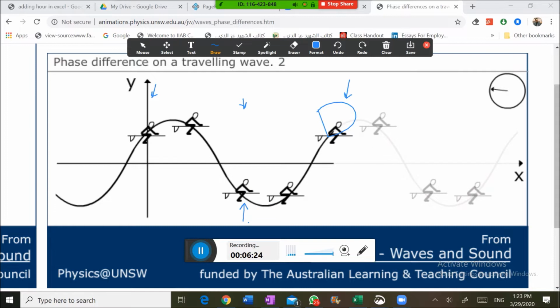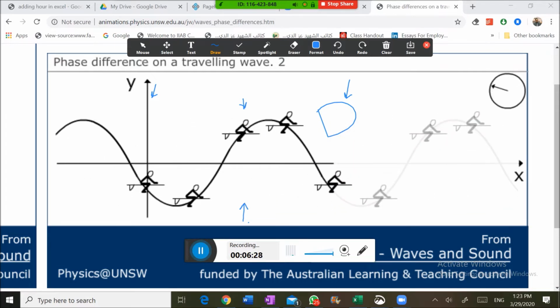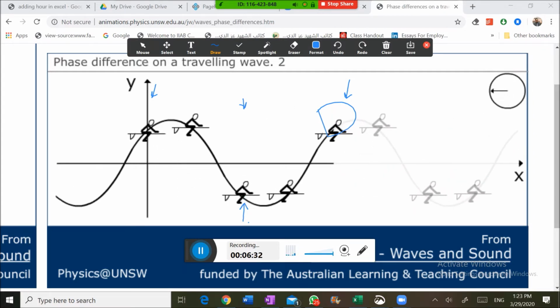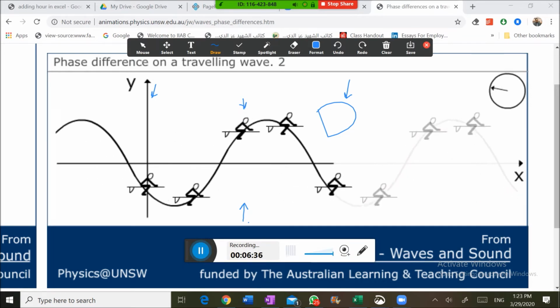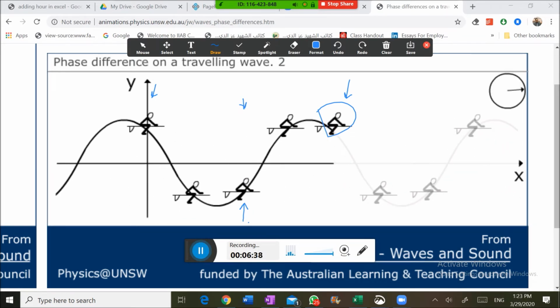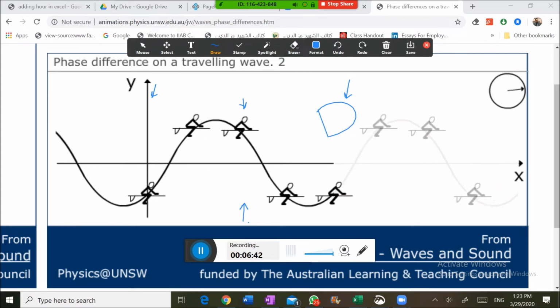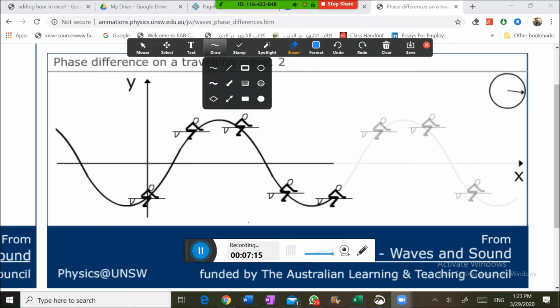هلا احنا تقريبا we understood the concept of the phase انه in any disturbance in any wave there are particles that oscillate together, or in other words they are oscillating in phase. There are particles that are oscillating antiphase. There are particles that oscillate out of phase.